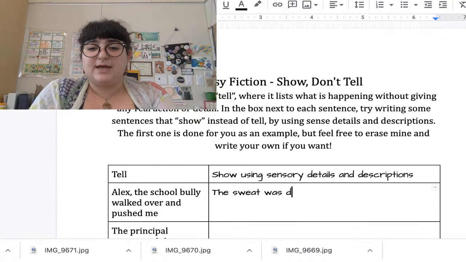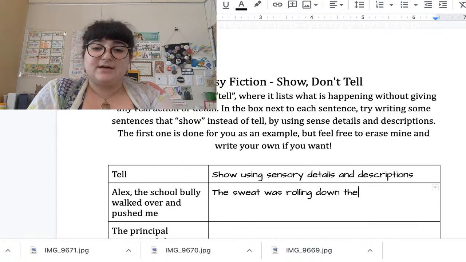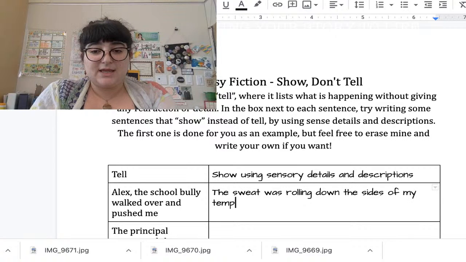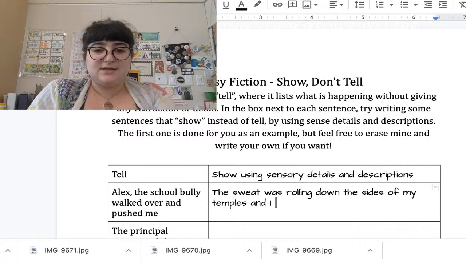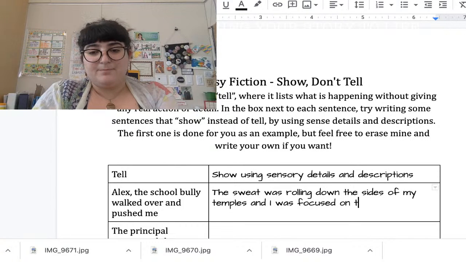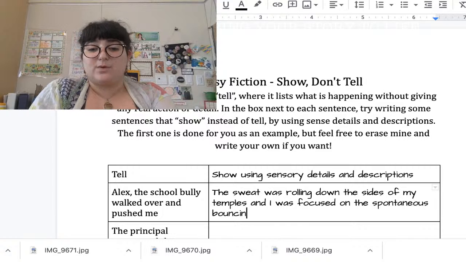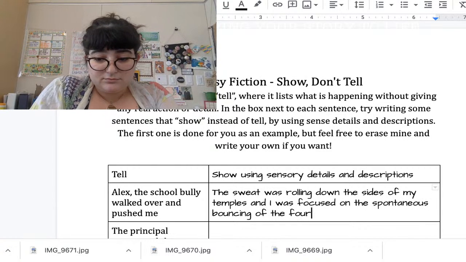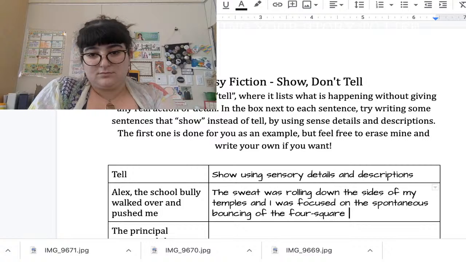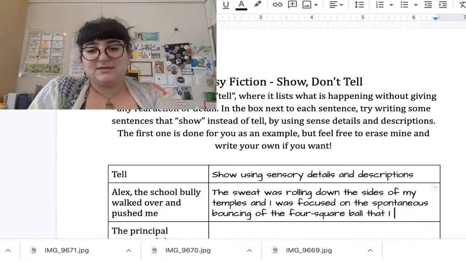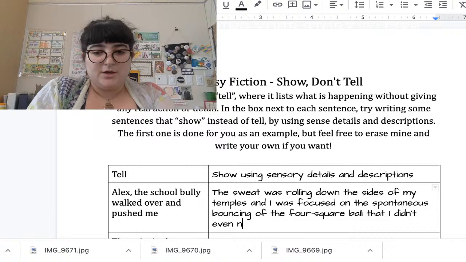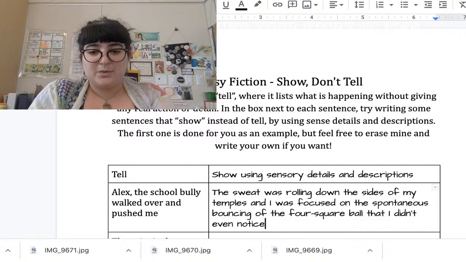It was rolling down the sides of my temples. And I was focused on the spontaneous bouncing of the Foursquare ball that I didn't even notice what was going on around me.